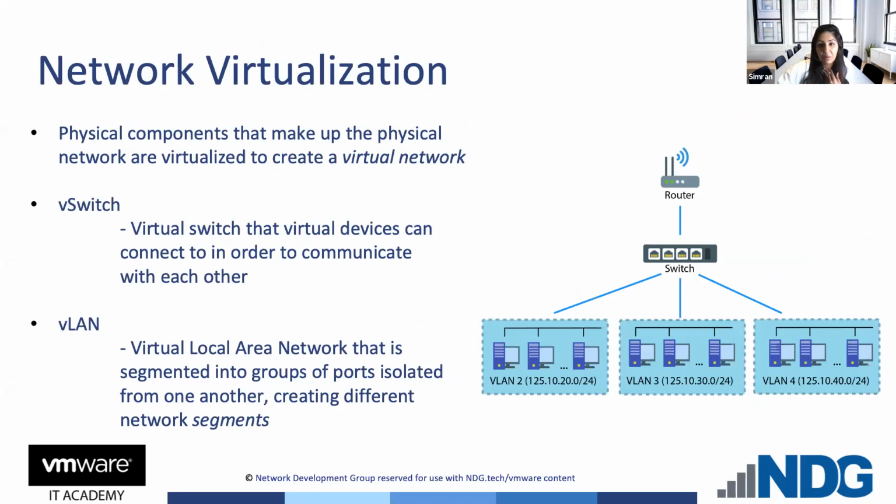And then we have network virtualization, which is obviously the third component of a software-defined data center. Network virtualization makes it possible to really create and provision and manage your entire network, but in software.